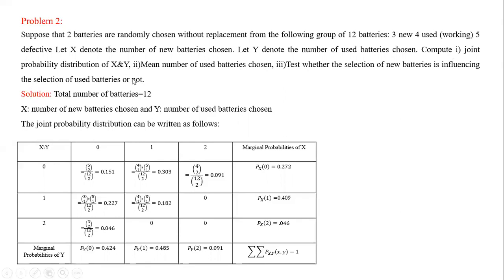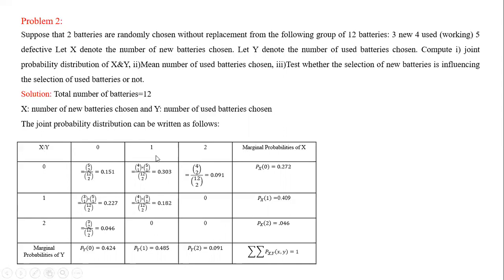So the total number of batteries is 12. Given that X is the number of new batteries chosen, and Y is the number of used batteries chosen, the joint probability distribution can be given as follows. X is the new batteries: 0, 1, 2. Y values are used batteries: 0, 1, 2. So for 0, 0, this is 5C2 by 12C2.